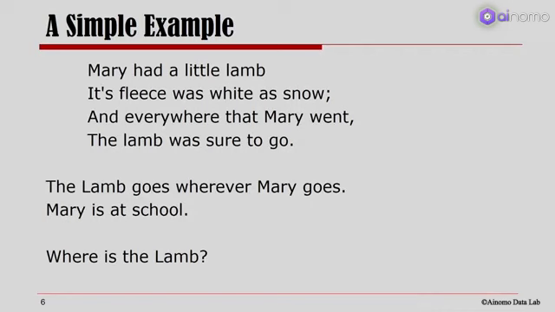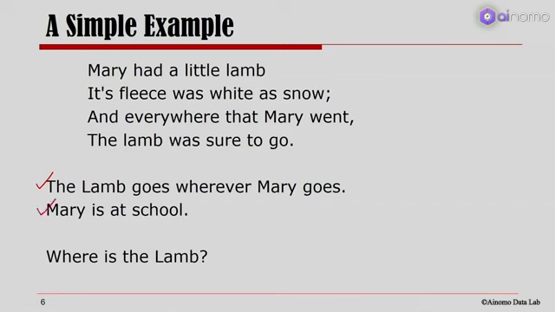So here is a very popular nursery rhyme. Mary had a little lamb, its fleece was white as snow, and everywhere that Mary went, the lamb was sure to go. This, if you hear, then you know that the lamb goes wherever Mary goes, and then at one point of time I am told that Mary is at school.